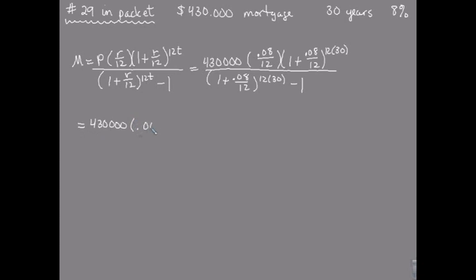So it's 0.006, and I'm going to put 67 because it's 6 repeating. And then 12 times 30 is 360. So if you take out a 30-year mortgage, you're making 360 house payments.